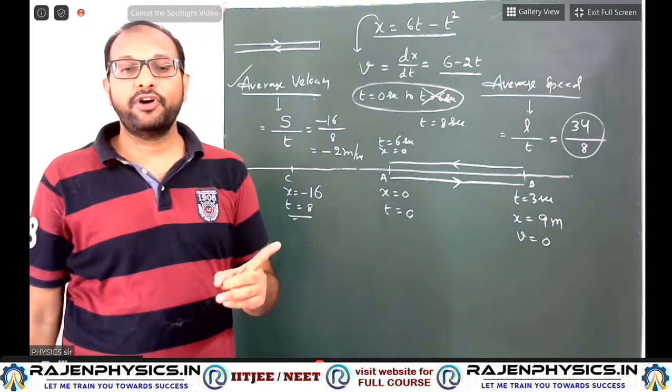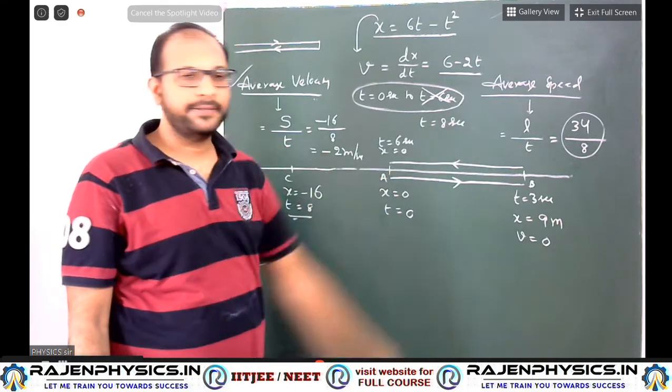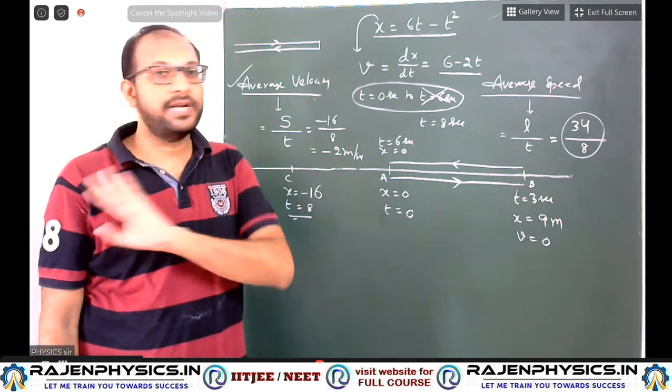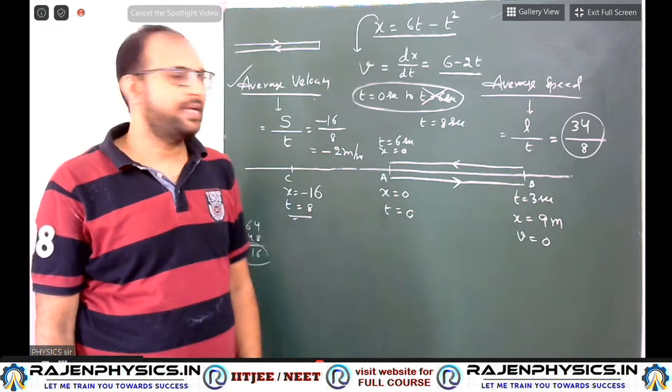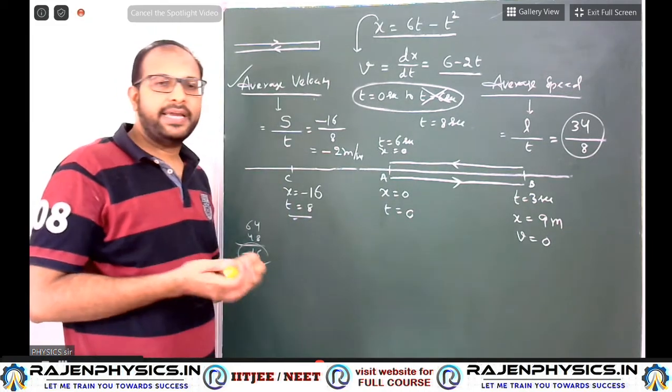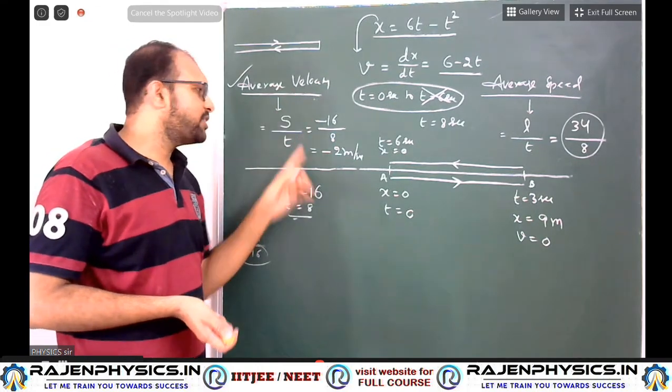Students, 34 divided by 8 is nothing but the average speed. Average speed is not negative; it is only length divided by time. So 34 divided by 8 is the average speed.